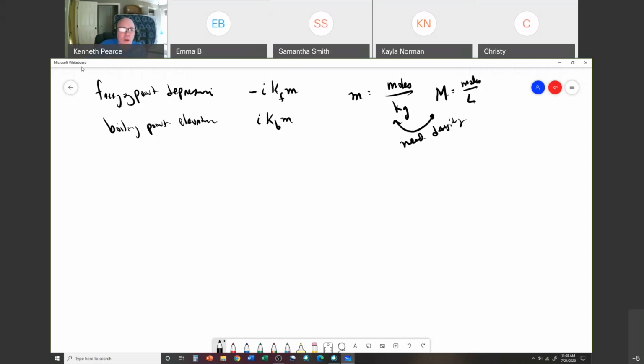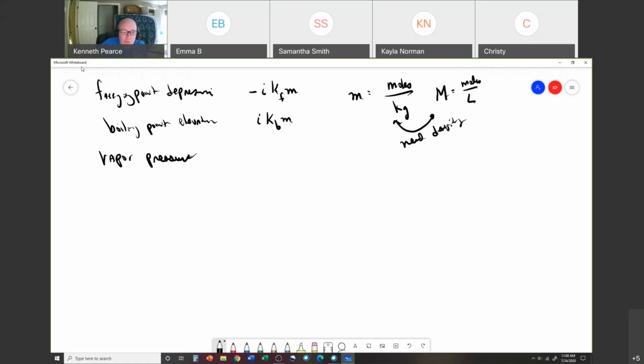So boiling point elevation, there you go. Now, we have another thing, and that's vapor pressure. And we're only going to discuss the part where something that has no vapor pressure is dissolved in it. I think that's called Raoult's law, and it goes like this.